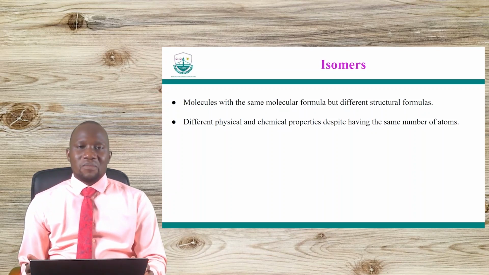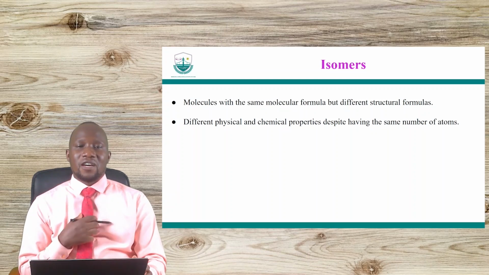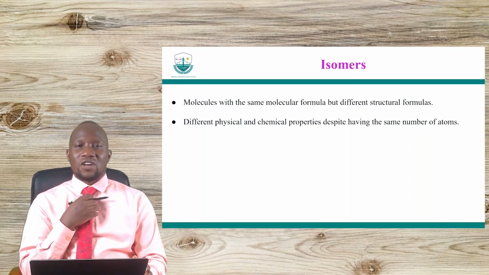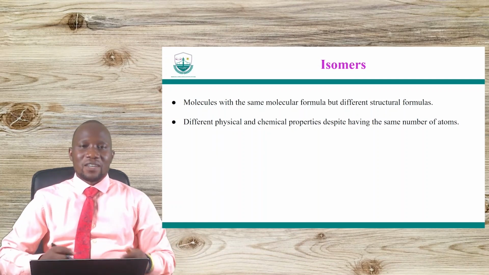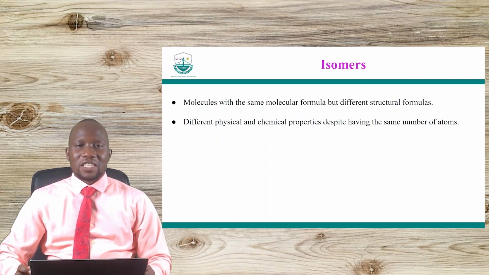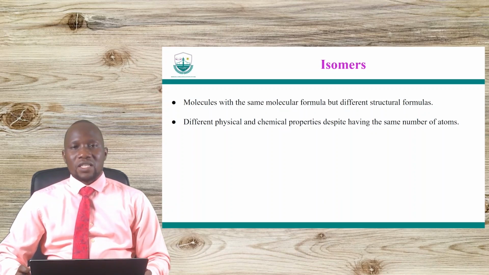You can imagine it's just like me having this tie. Instead of having it here, I tie it around my stomach; it still means that I have the tie, but the tie is placed in another position, right? So it's the same thing with what you call isomers.